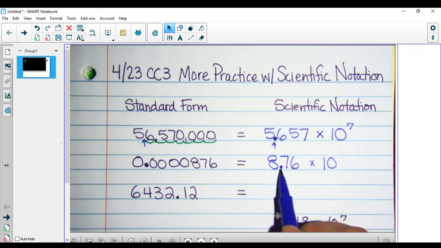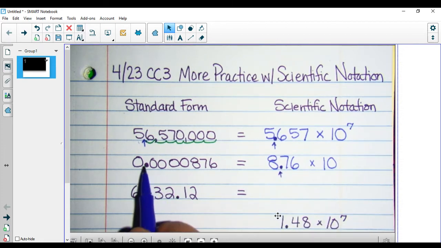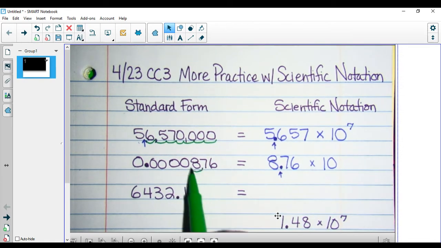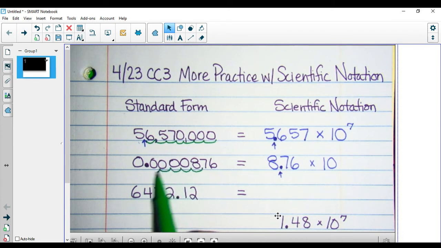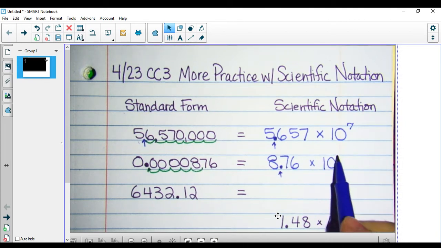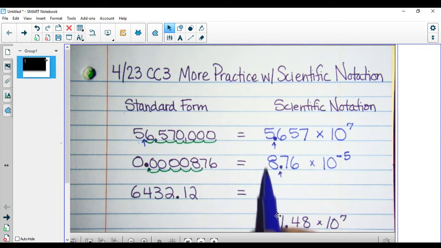And now, what would I do to get the decimal back where it originally started? I need to move that decimal to the left 1, 2, 3, 4, 5 places, which means I need to multiply by 10 to the negative 5. It's like dividing by 10 to make it move back to the left, make it a very small number.